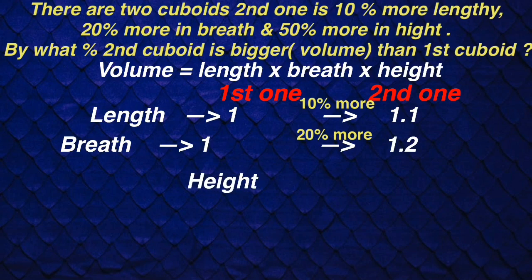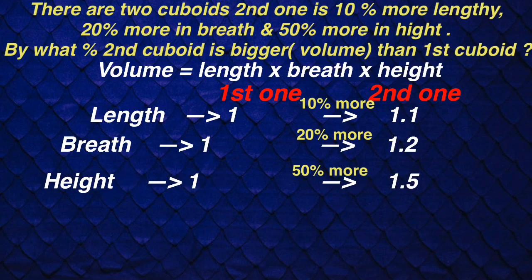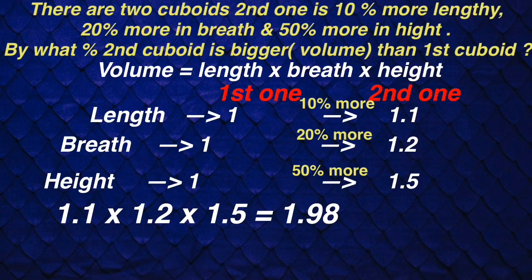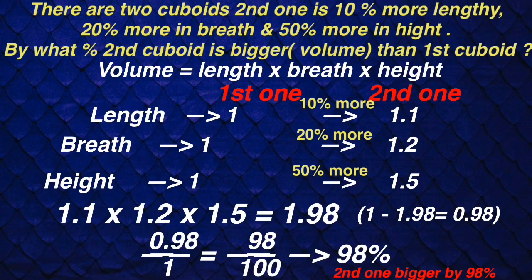Height initially 1. 50% more in height, so 1.5. Here volume is length into breadth into height. 1.1 into 1.2 into 1.5 is 1.98. So the second one is 1.98 while the first one is 1. So the second one is bigger in volume by 1.98 minus 1, which is 0.98 out of 1. Convert to percentage: 0.98 by 1 into 100 by 100 is 98 by 100, 98%. So the second one is bigger by 98%.